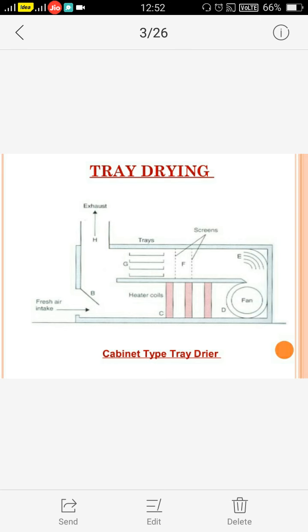This heated air is forced through the trays into the drying chamber, so that grains or agricultural products are dried, and then excess air is exhausted from the exhaust system. So this is the tray dryer commonly used in industry, generally for drying grains or agricultural products.